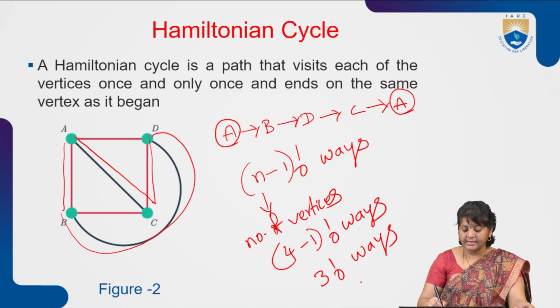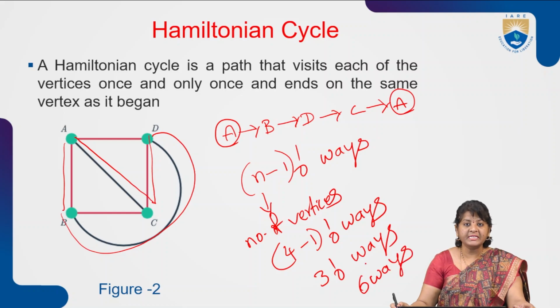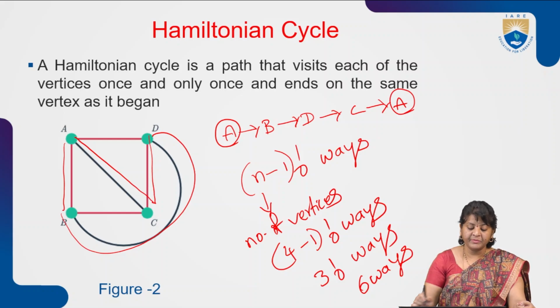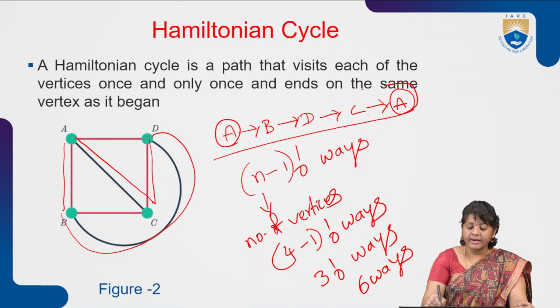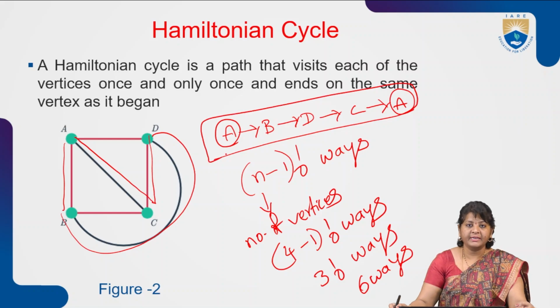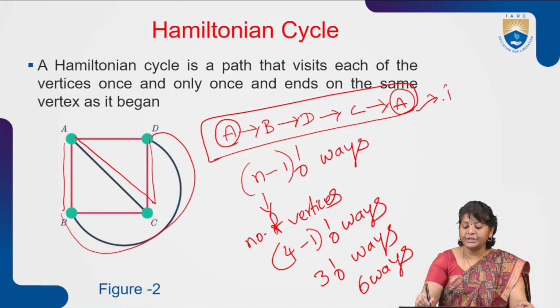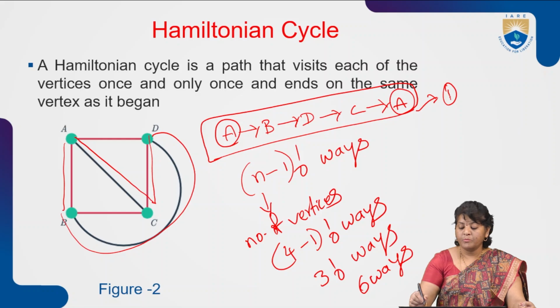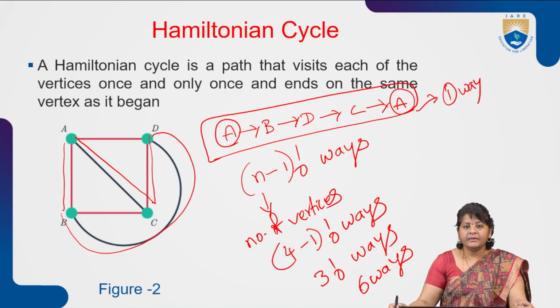It means 6 ways. 6 Hamiltonian cycles are there internally. So we can start from any of the vertices and we can end. This is an example of such a kind. This is the possibility of 1 way. One more possibility will be there. Like that, 6 possibilities are there.